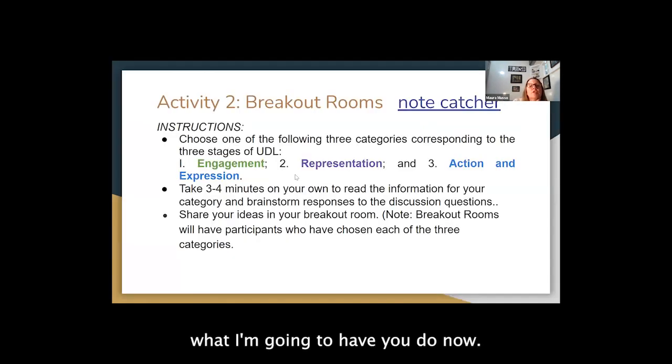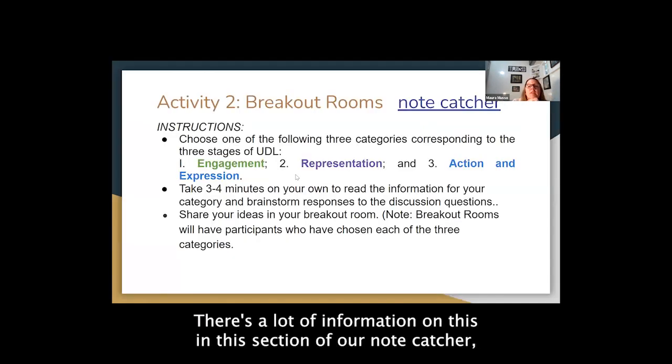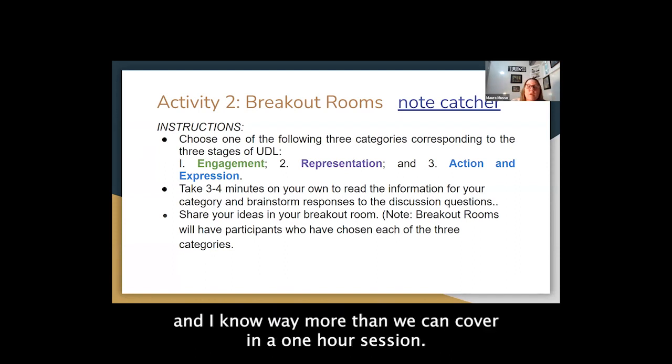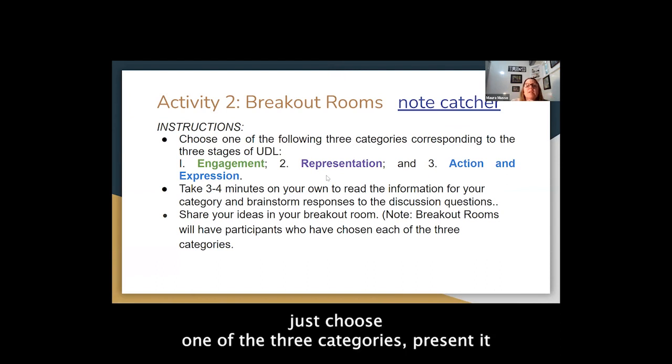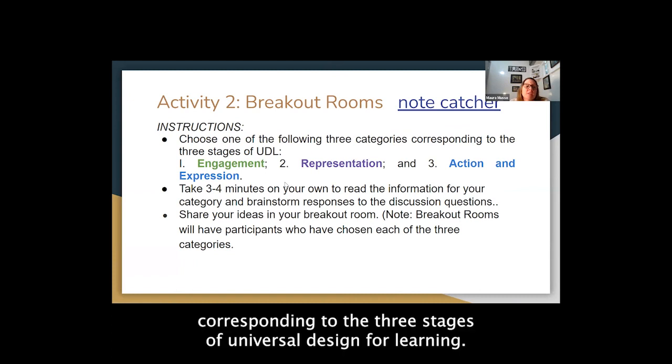What I'm going to have you do now, there's a lot of information in this section of our note catcher, way more than we can cover in a 1 hour session. So when you take a look at it, just choose one of the 3 categories presented, corresponding to the 3 stages of universal design for learning.